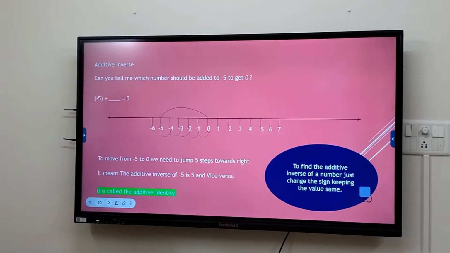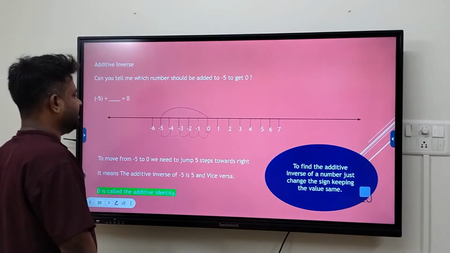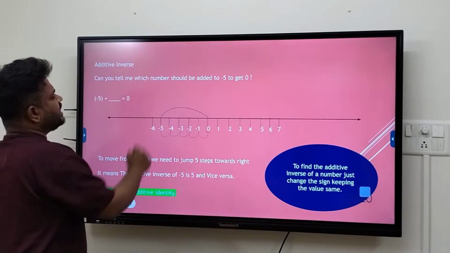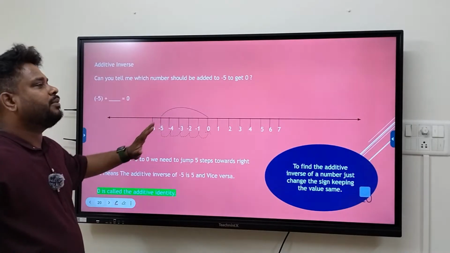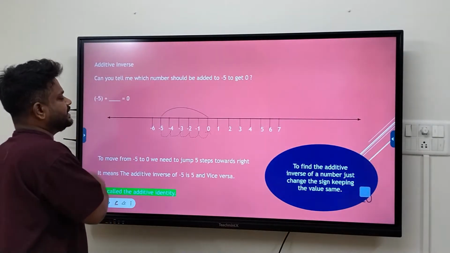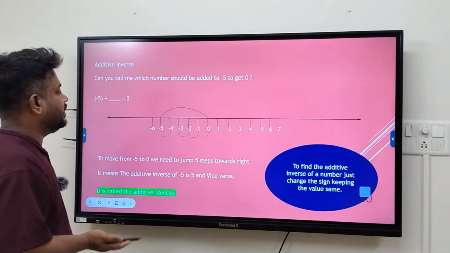Can you tell me which number should be added to minus 5 to get 0? So this is quite an easy one. Though you have all grown up, you can do these kinds of sums with the help of a number line.